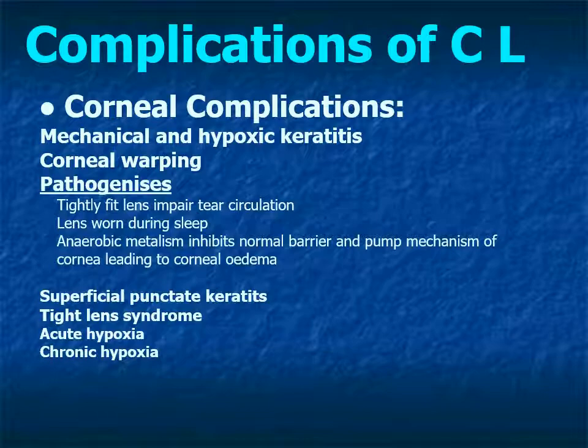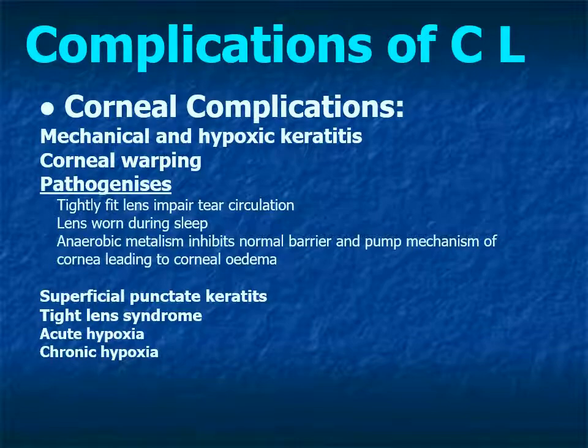This hypoxia leads to anaerobic metabolism and production of lactic acidosis. It inhibits the normal barrier and pump mechanism of the cornea. So it may lead to endothelial and epithelial cysts and may lead to corneal edema. Superficial punctate keratitis is the most common complication.